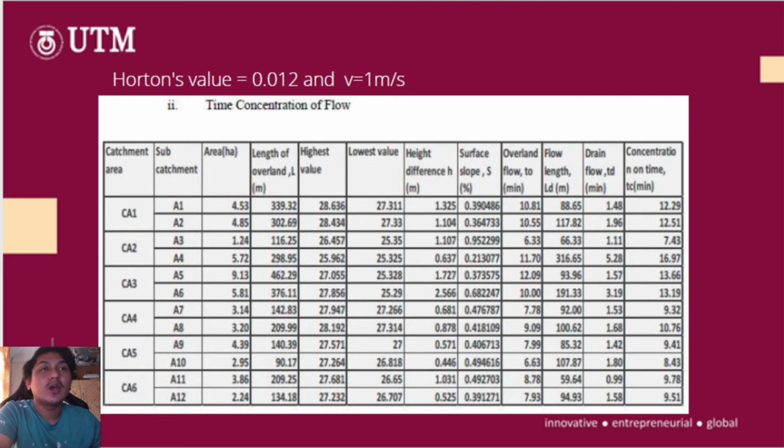Then we have to obtain the highest and lowest values and the height difference. After that, we can calculate the surface slope of this subcatchment, and then using the previous formula, we can calculate the overland flow and the drain flow length. So in total, we can calculate the time of concentration, TC.